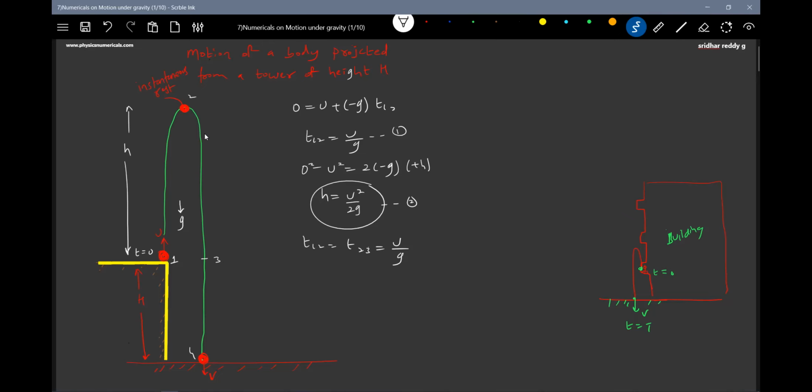Now I'm interested in how much time it will take to come and strike the ground. Okay, let's write the equation. This is the initial point. I don't have space to scribble.